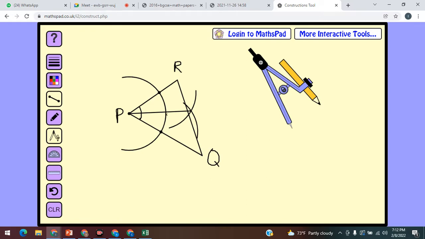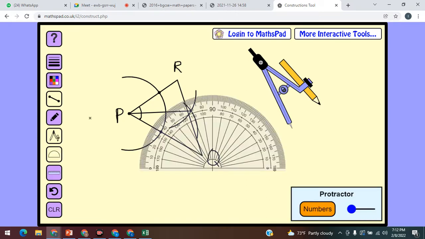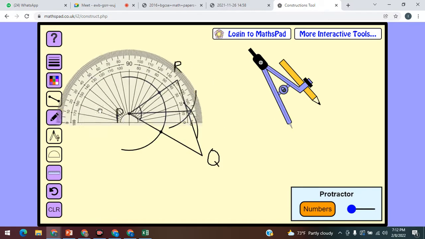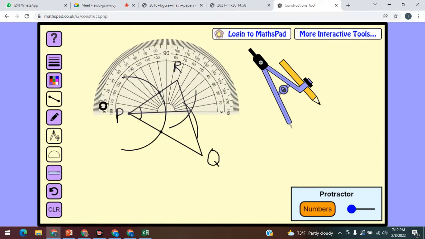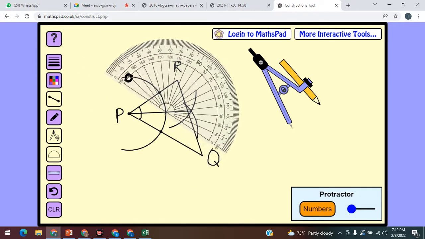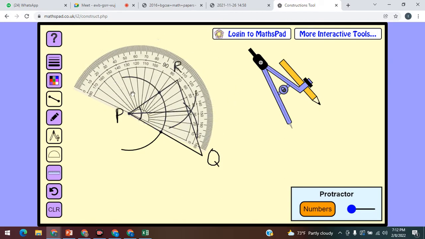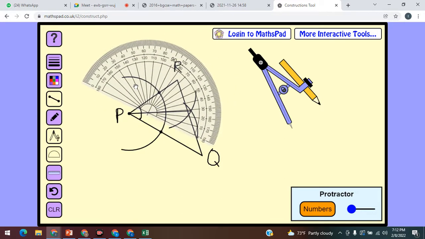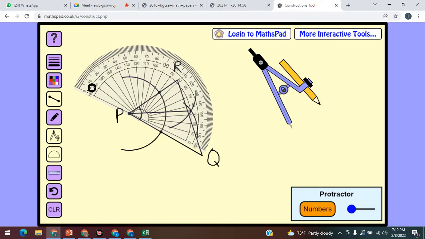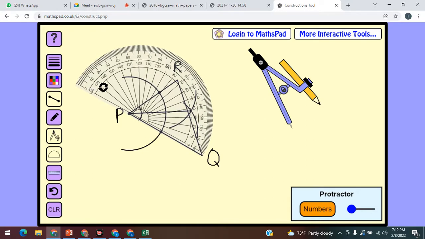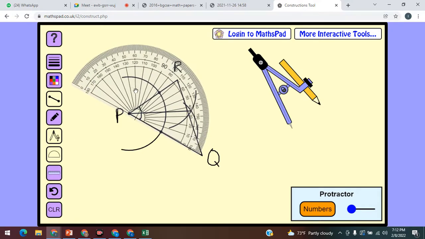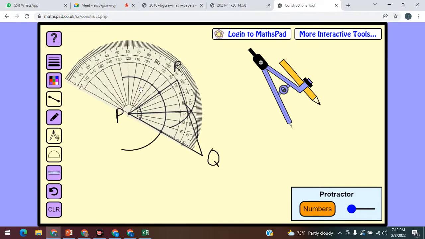Now we have to see. Let's measure this, and we hope that we bisected it properly. So the measure of this angle is, let's measure it.